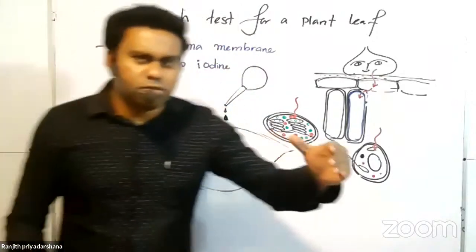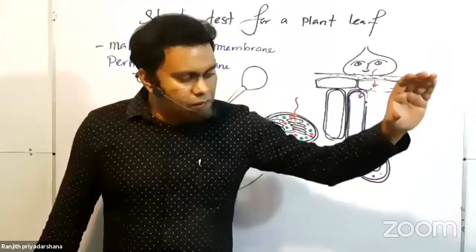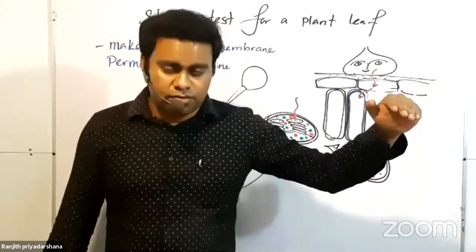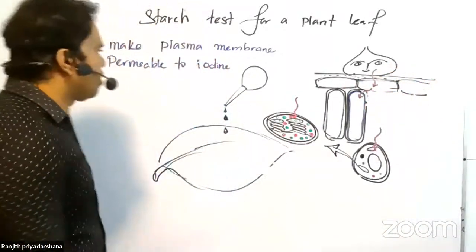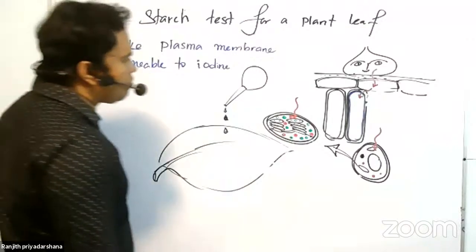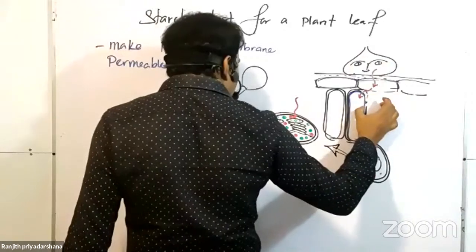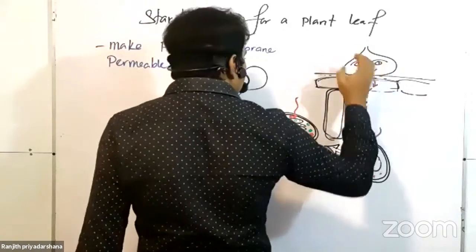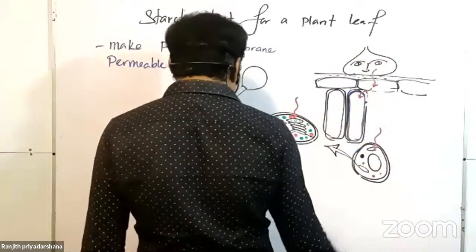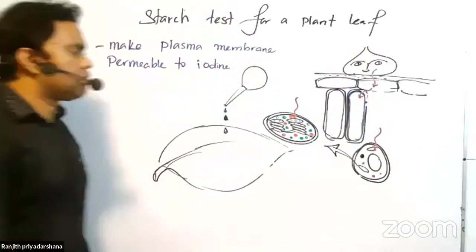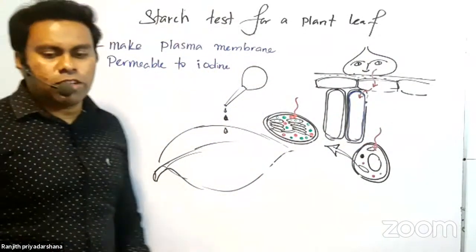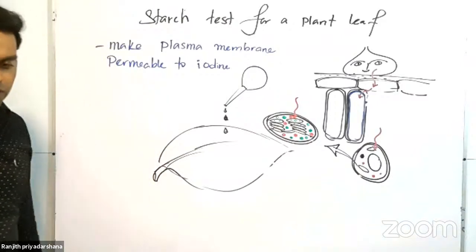So that's the nature of the normal plasma membrane of a living cell. Okay. Within brackets, take down: plasma membrane is not permeable to foreign chemical substances.